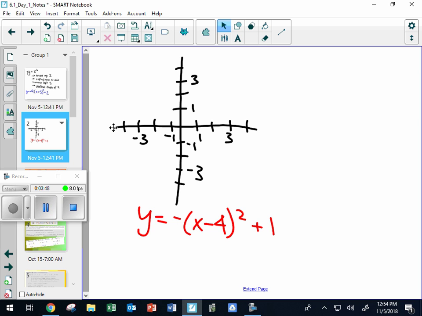Right? If I had this, how would you sketch this? So take a few moments, sketch this graph. I'll give you a few moments to do so.